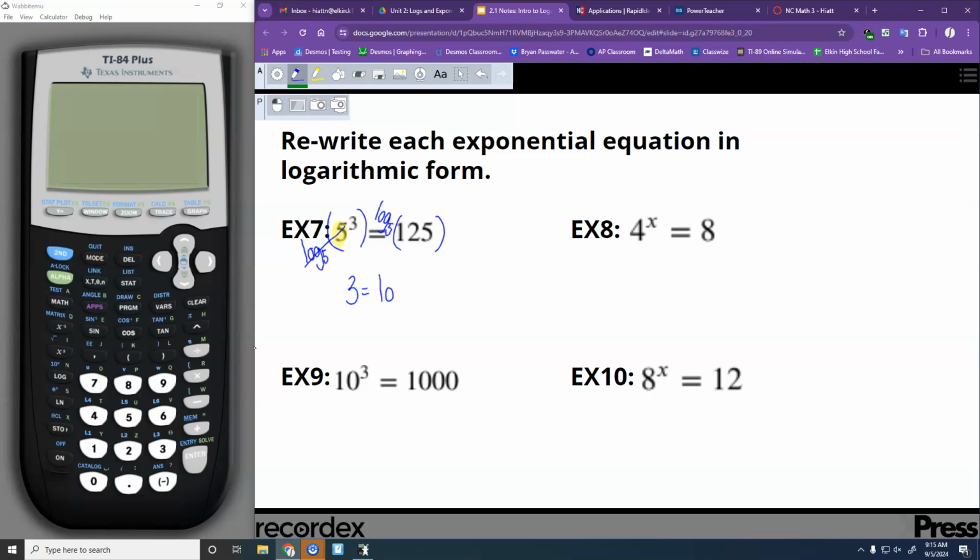The base of the log is written as a subscript. I don't know if you've heard that term before, but it's just like a little number. It's the opposite of an exponent. It's a little number that's low, instead of high. And then the 125 goes here. Sometimes you'll see it with parentheses around it in your calculator. It'll want you to put parentheses around it. Sometimes they don't put the parentheses there. It could be written either way.